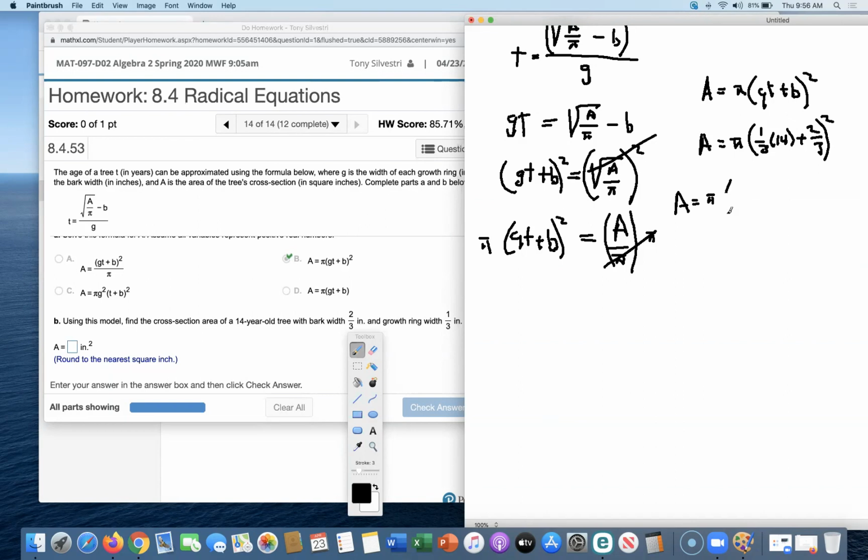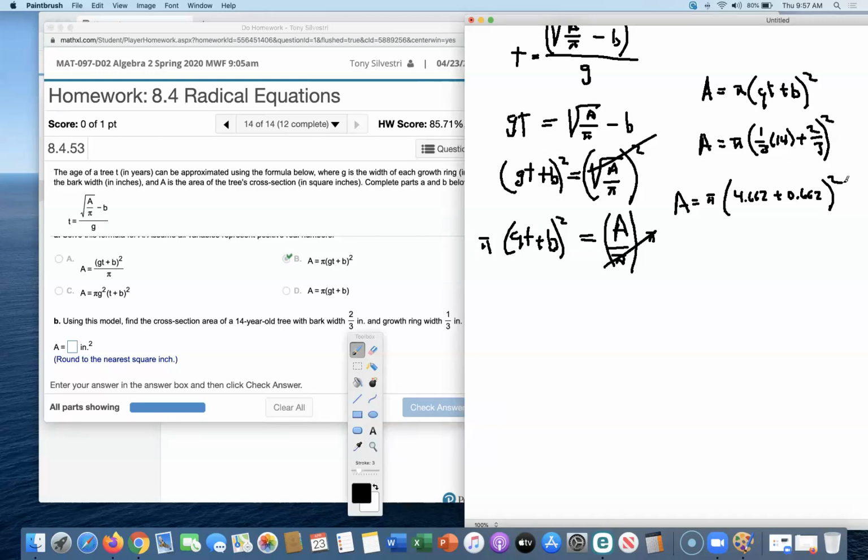So what I'm going to do is take 14 divided by 3. 14 divided by 3 equals 4.667. You don't have to go crazy with the digits. Plus 2/3 is 0.667. That squared.